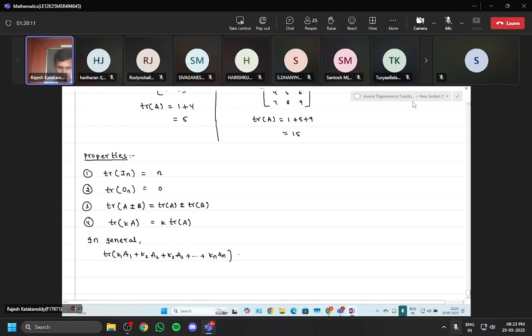In that case, I can write this as K1 into trace A1 plus K2 into trace A2 plus and so on, Kn into trace An. So I can relate this one to differentiation and integration. Constants we can take out. Clear?